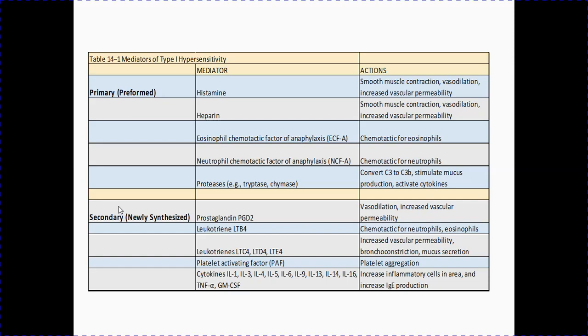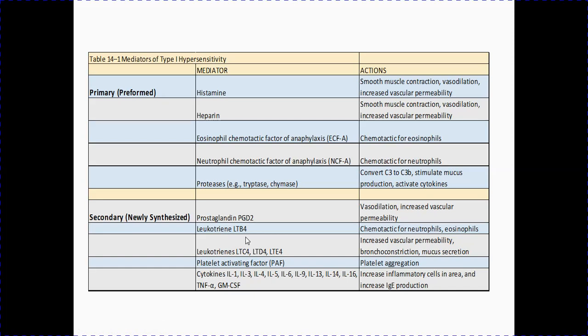It tells them to synthesize some new mediators. So we have these existing in the granules of the cell already, and then we can have the cell producing some additional ones.